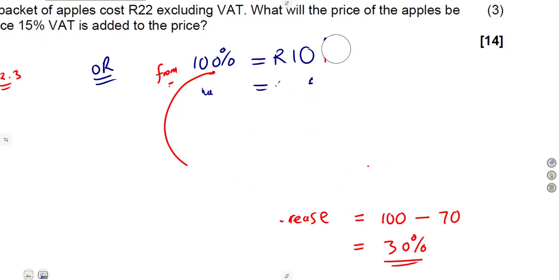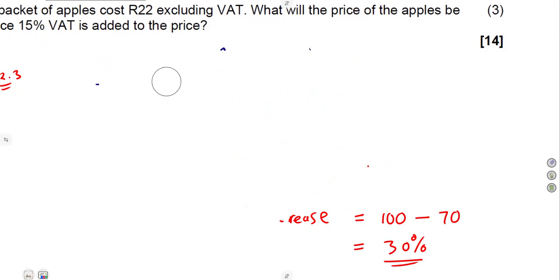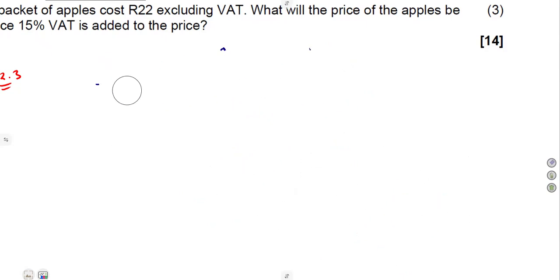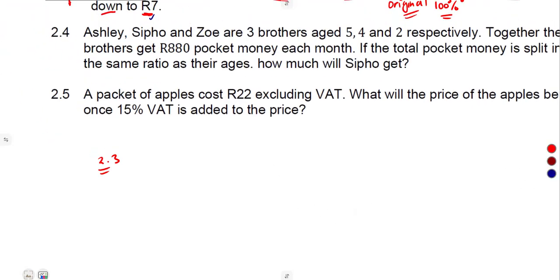Another way we could have answered is to say that a decrease in percentage is equal to a decrease in value over the original value times 100%.